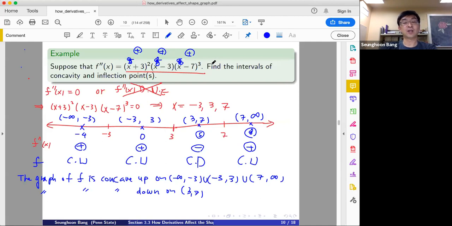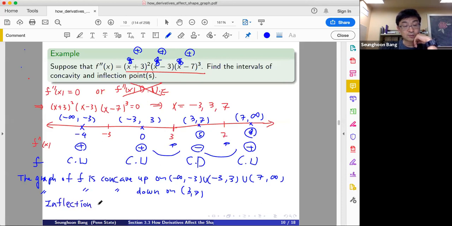The first derivative is also a polynomial, and the original function f is also a polynomial, always continuous. We have a sign change 2 times: positive to negative at 3, and negative to positive at 7. So we have 2 inflection points.